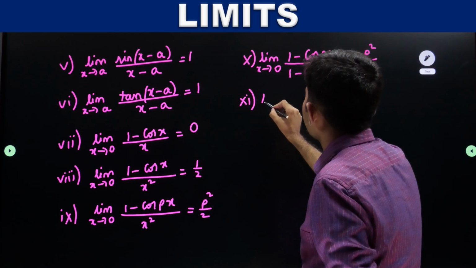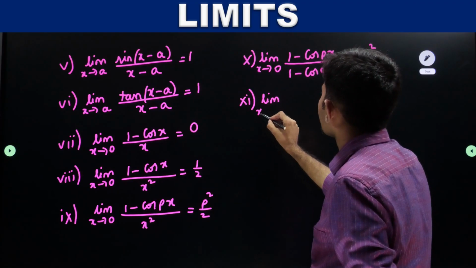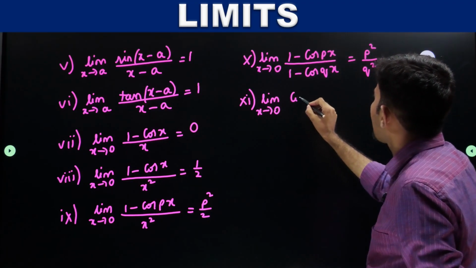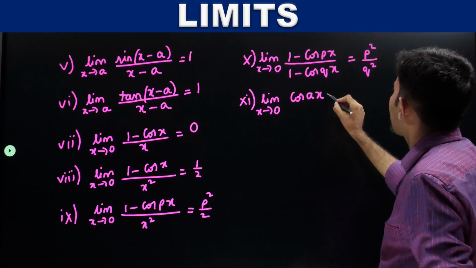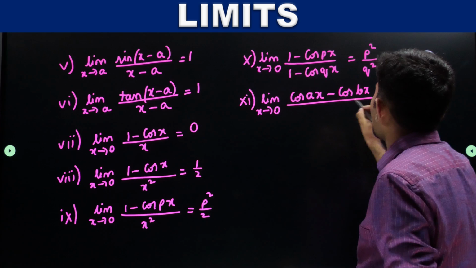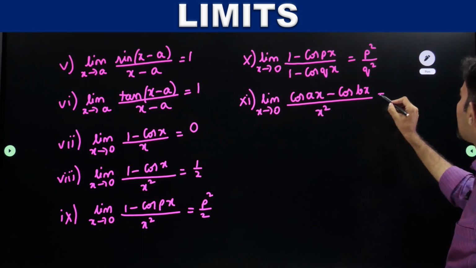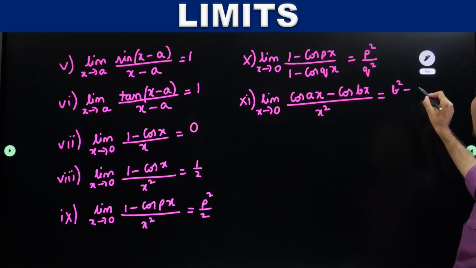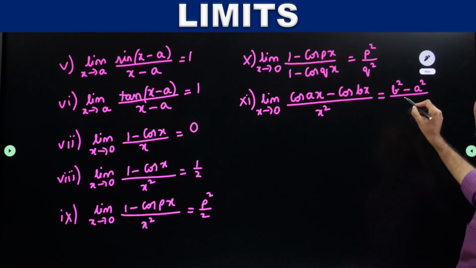Limit x tends to 0, cos ax minus cos bx divided by x square is equal to b square minus a square divided by 2.